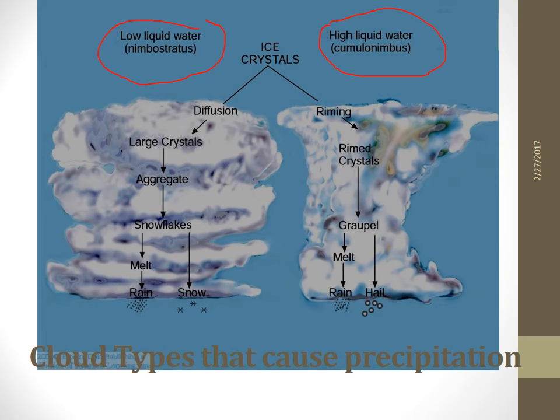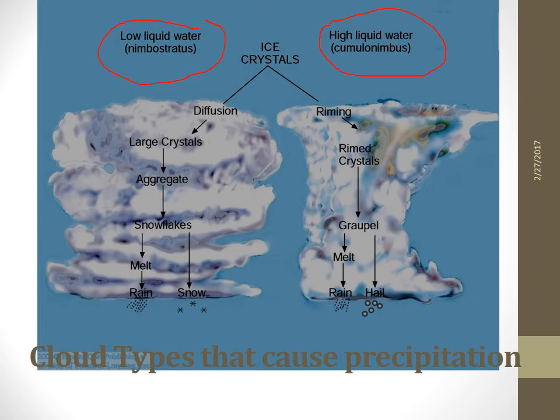The ice crystals will fall and have more collisions. The particles of ice will aggregate back into snowflakes, and if the cloud is cold enough, you'll get snow at the bottom, but if it's warmer, the snowflakes will melt and turn to rain.